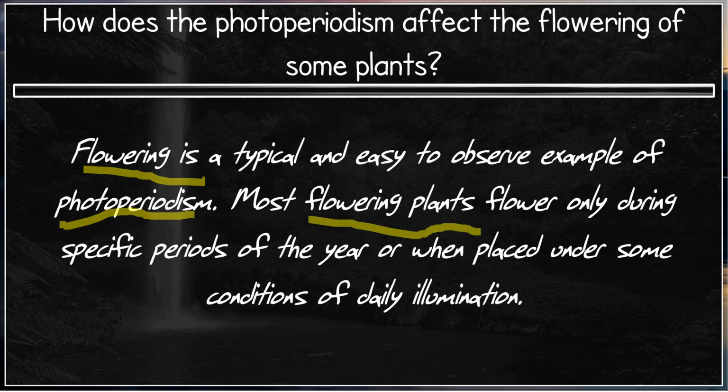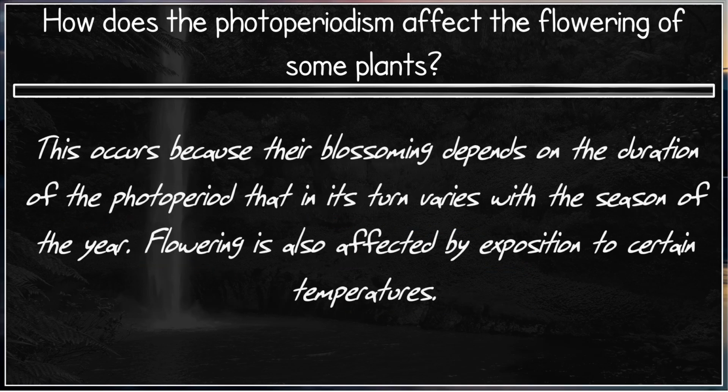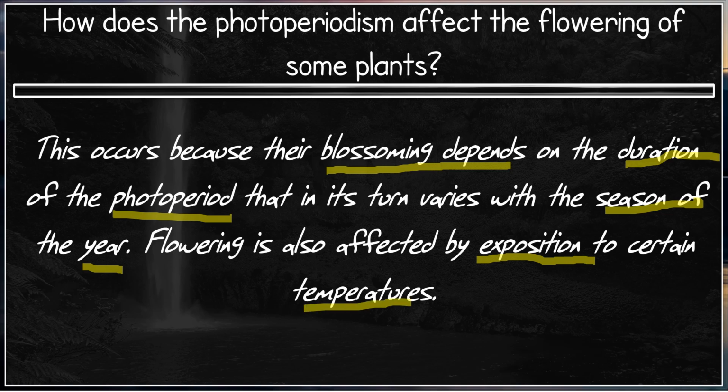Most flowering plants flower only during specific periods of the year when placed under some condition of daily illumination. This occurs because the blossoming depends on the duration of the photoperiod, that, in its turn, varies with the season of the year. Flowering is also affected by exposition to certain temperatures.